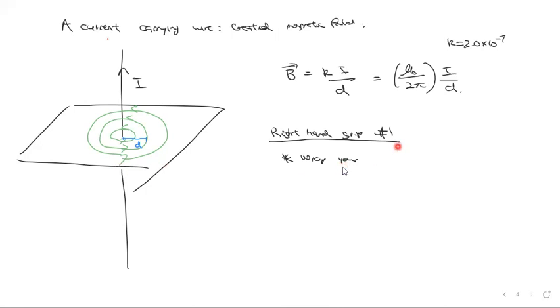Every time you use the right hand grip rule, you have your hand in a thumbs up position, and your fingers are wrapping around something. In the case of a wire creating a magnetic field, they're wrapping around the wire. So keep that in mind.